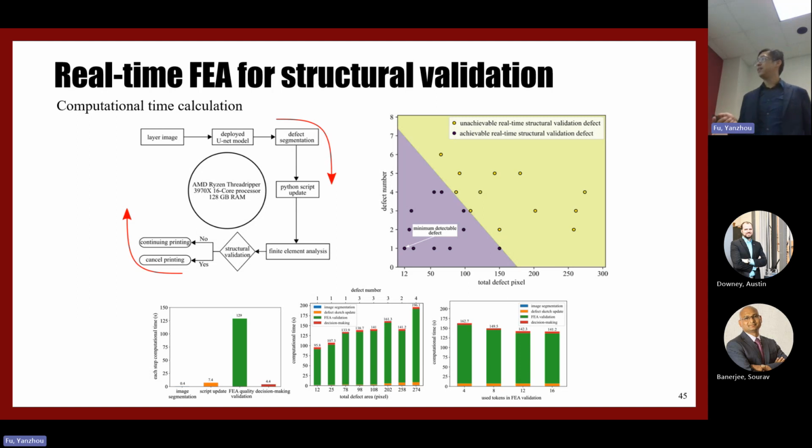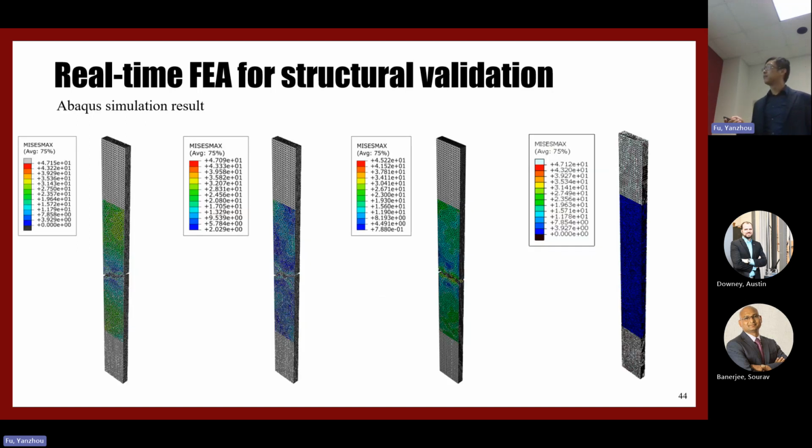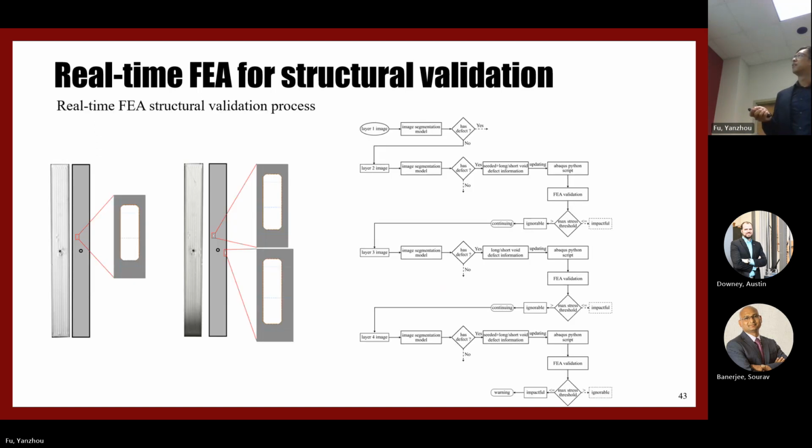In order to analyze the time consumption, we did analysis on defect number and the total defect area. What that means is, here is one defect, and here is the second one.